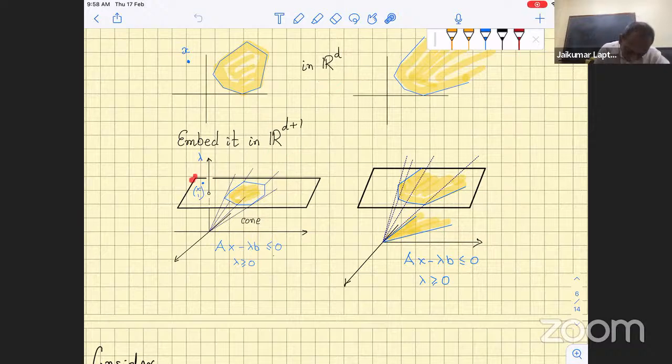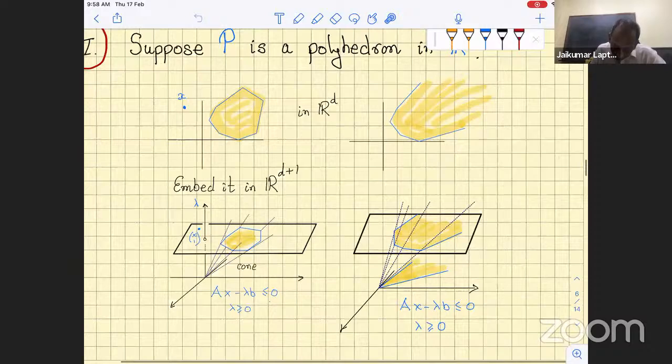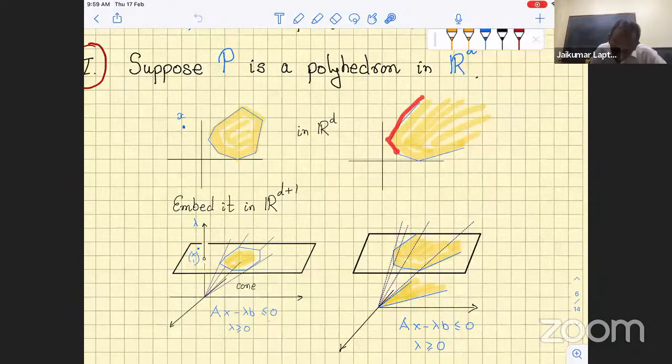And in R^(D+1), I take this plane, which corresponds to this axis being at 1. So the extra coordinate is at value 1. And there I draw this plane, which looks like R^D. And in that, I just draw this polyhedron. Is that clear? Just wait. On the other hand, look at this.